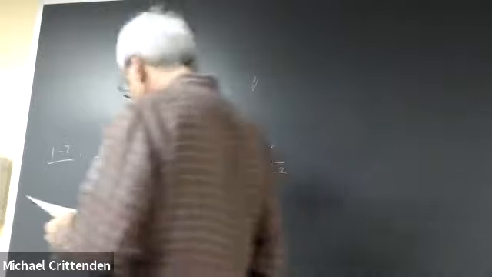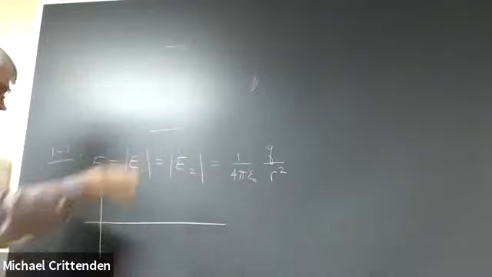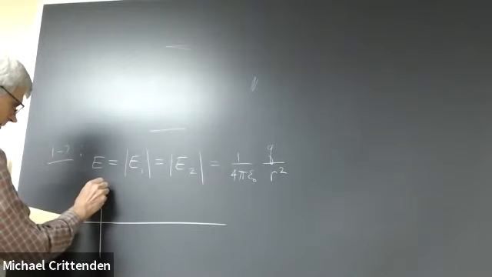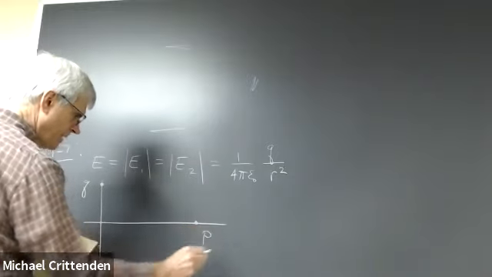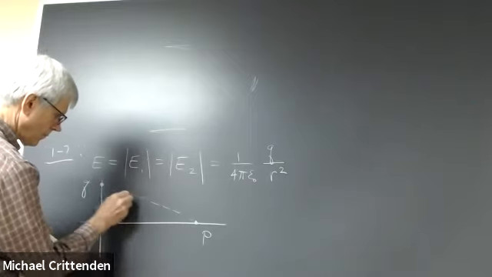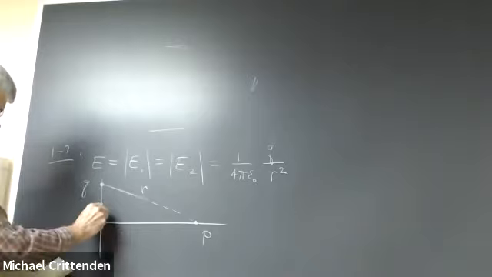So, here's the picture from the question, and if you've got the charge up here and point P over there, you've got a triangle.